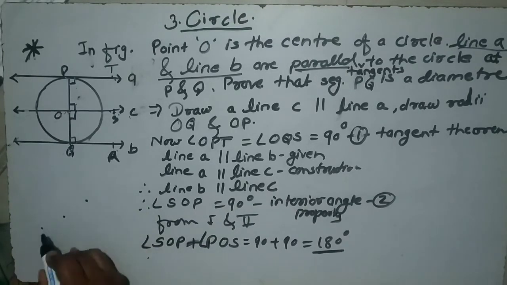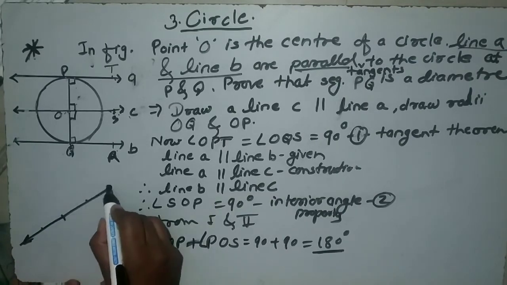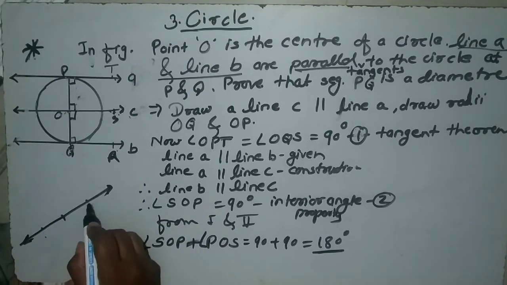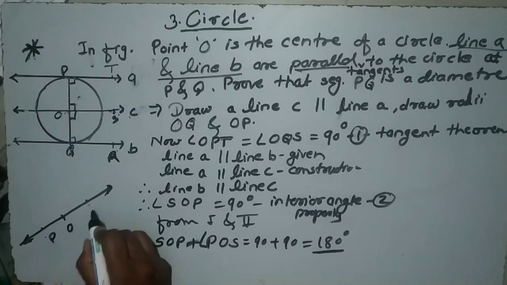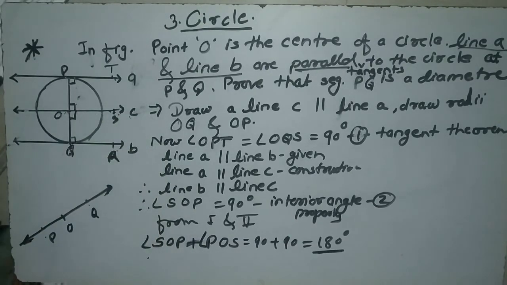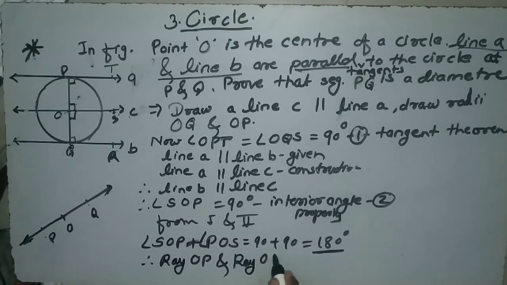And if they are collinear, then what happens? This ray is moving towards this side and that ray is towards this side, and they are collinear. So P, O and Q lie on one line, and therefore PQ is the diameter, which we can prove. So we write here: therefore, if it is 180, ray OP and ray OQ are opposite rays.